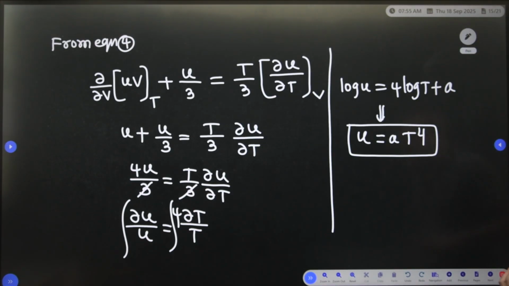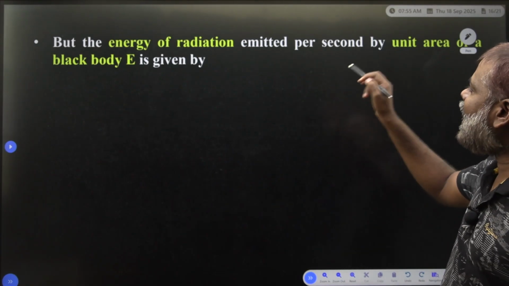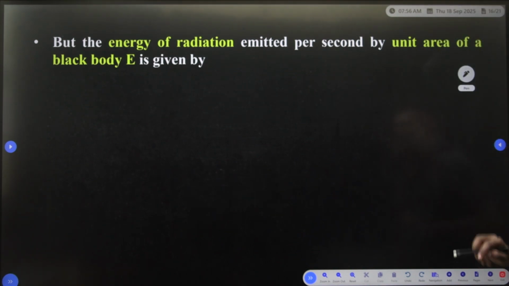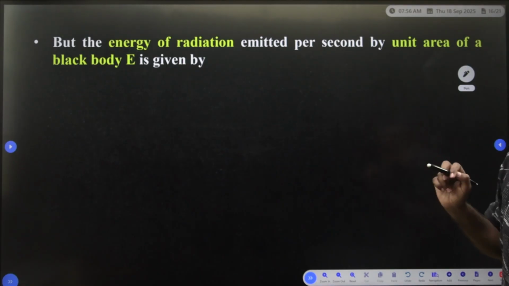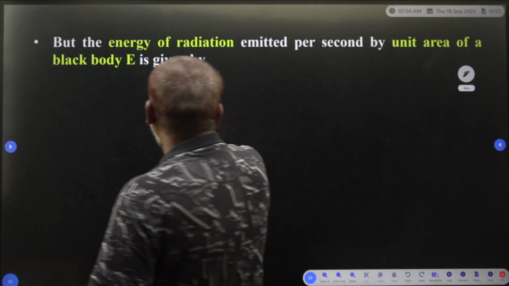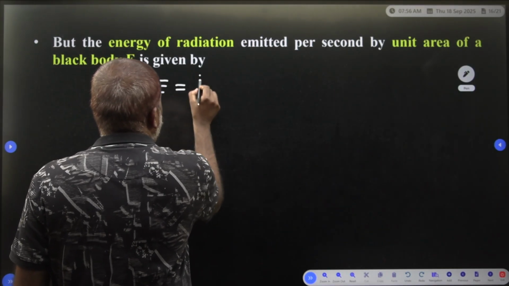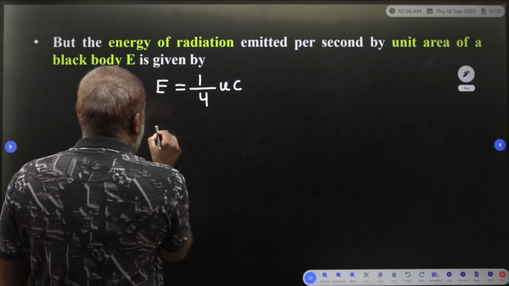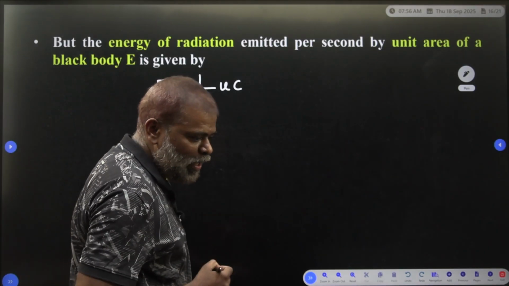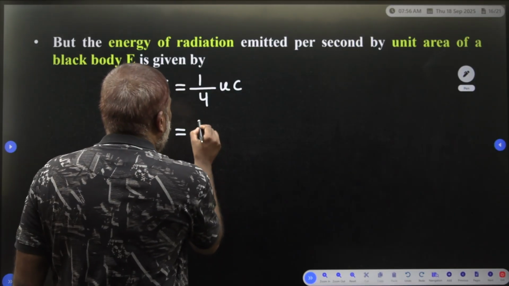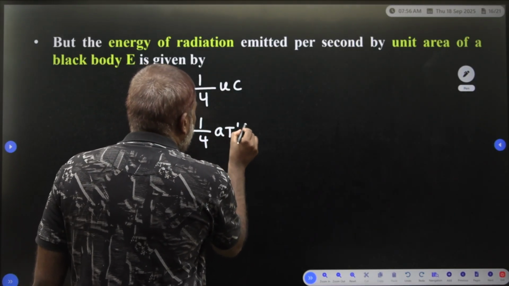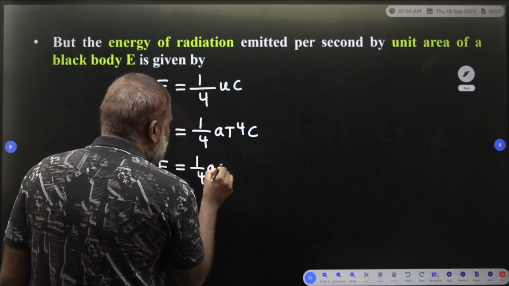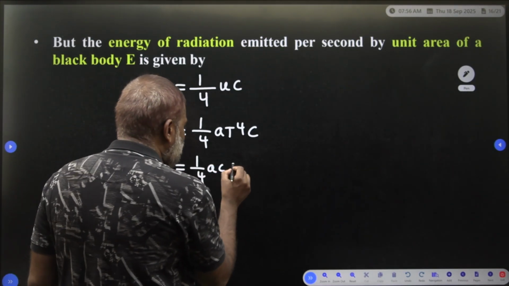Not only that, but the energy of radiation emitted per second per unit area of a black body is given by E is equal to 1 by 4 into U into C. Therefore, you have to substitute the U value here, 1 by 4 a T to the power of 4 into C, which is equal to 1 by 4 a into C into T to the power of 4.